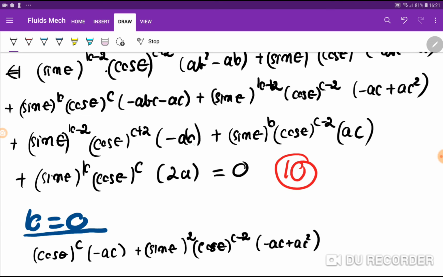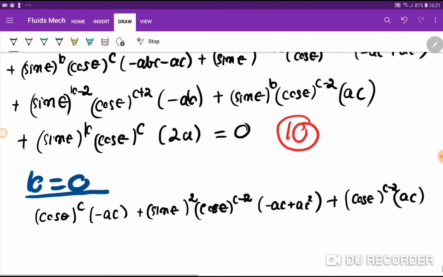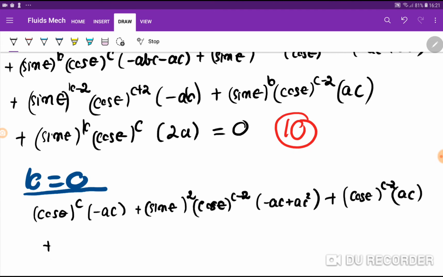This term we can cancel out. And then the last term, can we cancel out? Yes, we can. Cos c times 2a, because sine to the power of 0 is 1.